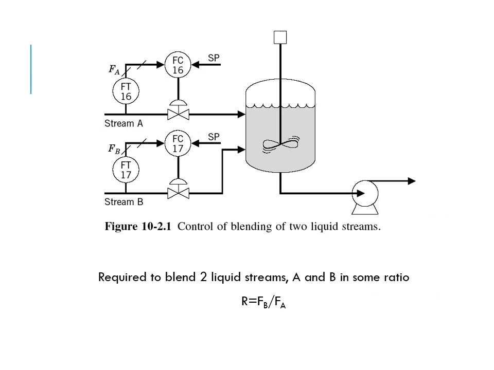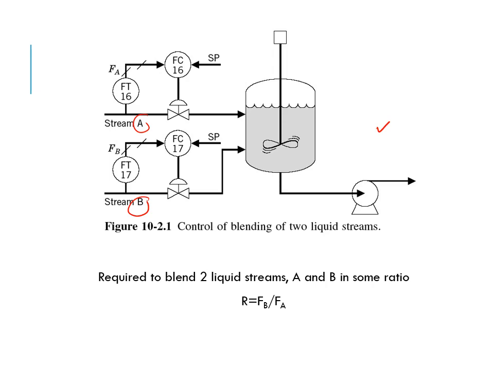For example, in this figure, there are two input streams. In order to control these two streams, stream A and stream B, we can apply a ratio controller in this control system. Basically, we need to blend two liquid streams, A and B, in some ratio.